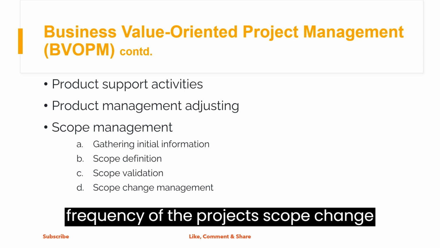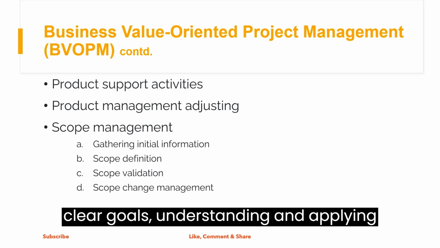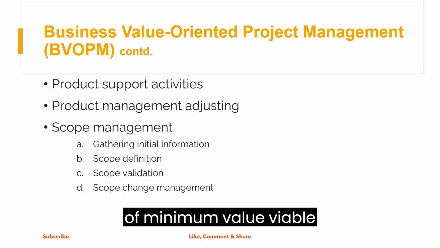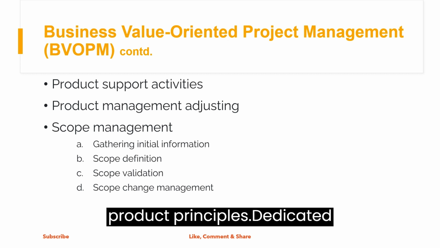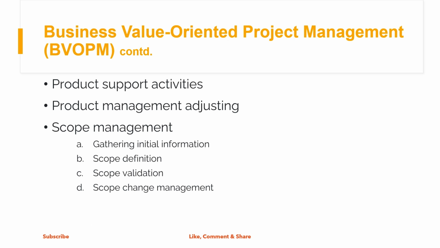The low frequency of the project's scope change may depend on factors such as defined clear goals, understanding and applying prioritization practices, understanding of minimum viable product principles, dedicated stakeholders, competences and skills, and mature management roles.